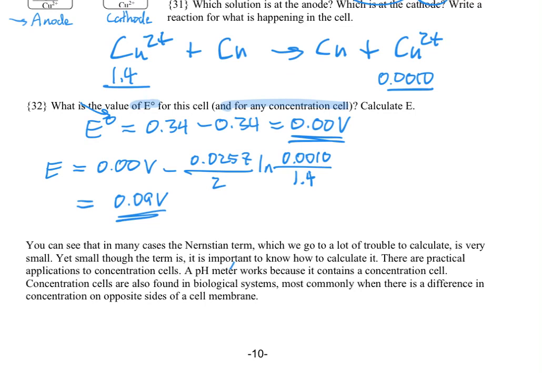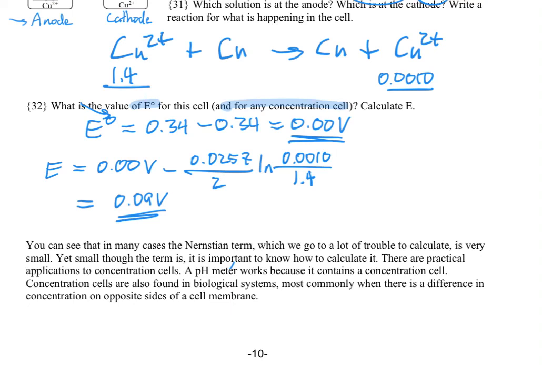We go through all this trouble to calculate a very small potential, but even though it's small, there are a lot of practical purposes here. pH meters are actually based on a concentration cell setup, and in biological systems, when you have a concentration gradient across the membrane, that small difference in concentration can lead to important electrochemical potential across the membrane. All right, so that should do it. That's the Nernst equation.